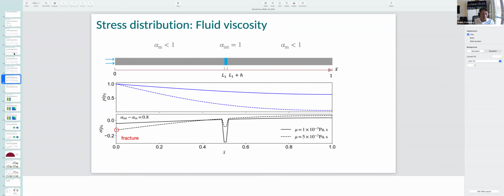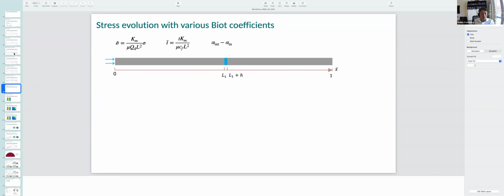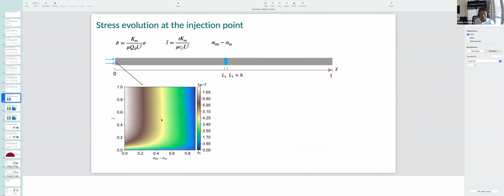But when we created this heat map of the stress, we actually used a 1D numerical solution because we wanted to consider the coupling effect and also the transient effect. So this has the flow rate in it, and also we consider time. So the time evolves from here.